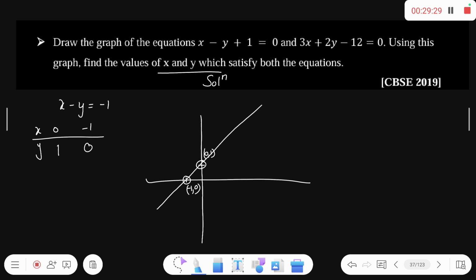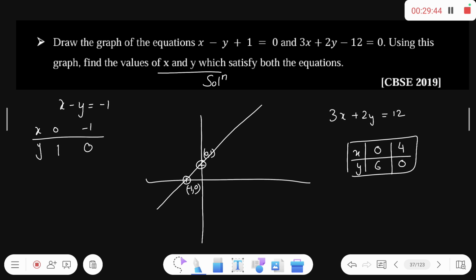Another one is 3x plus 2y equal to 12. Again, for x and y, put x is equal to 0, y is equal to 6, put y is equal to 0, x is equal to 4. So when x is 0, y is 6, minus 1, 2, 3, 4, 5 and 6.